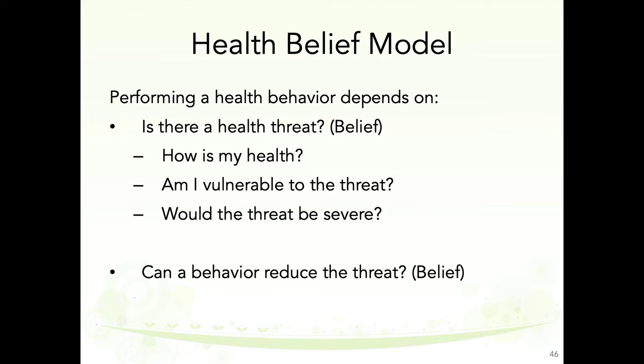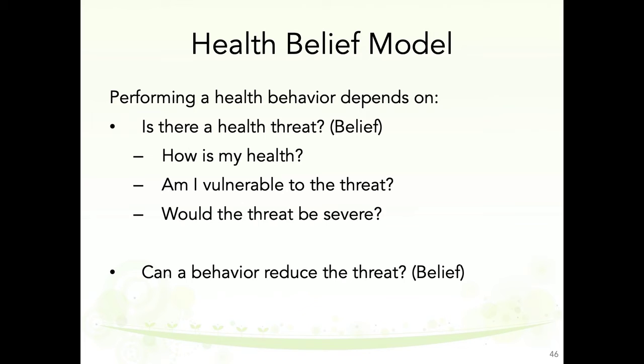And if you think about those with relation to something like smoking, it's not clear who's vulnerable maybe, if you're younger and you don't have any breathing problems. And okay, lung cancer sounds like a bad concept, but it's very distant.